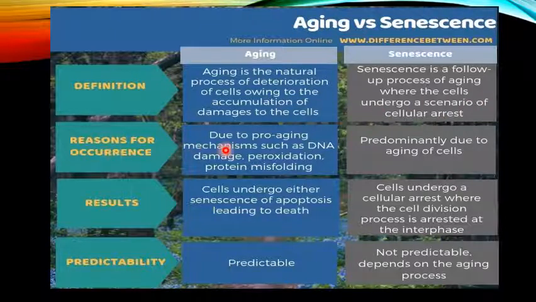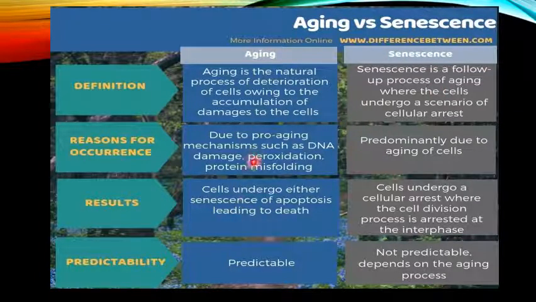The reason for aging is mechanisms such as DNA damage or protein misfolding. Any of these occurring leads to aging. The reason for senescence is the aging of the cells, where the cells permanently won't divide; then it leads to senescence.